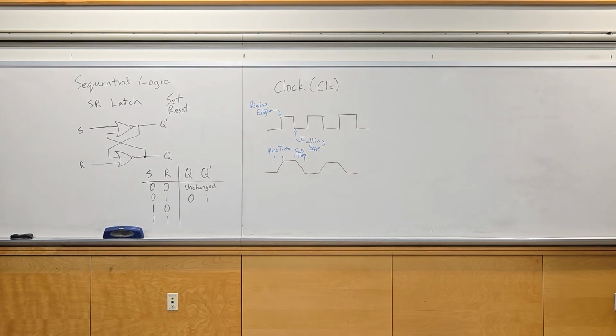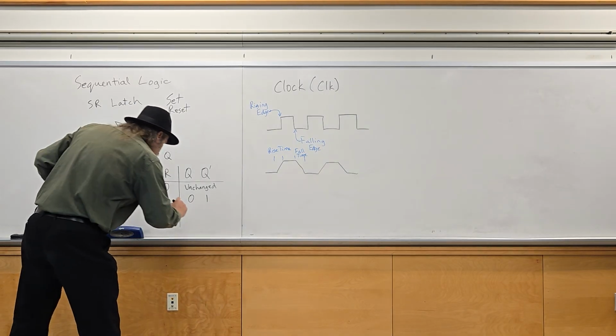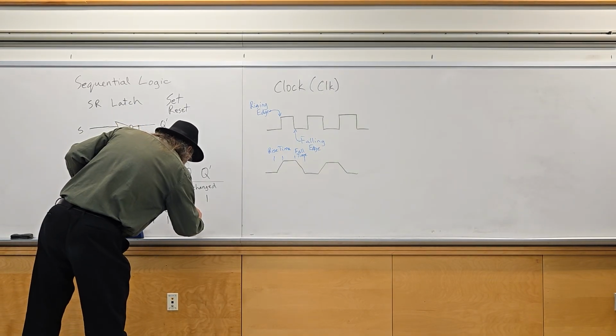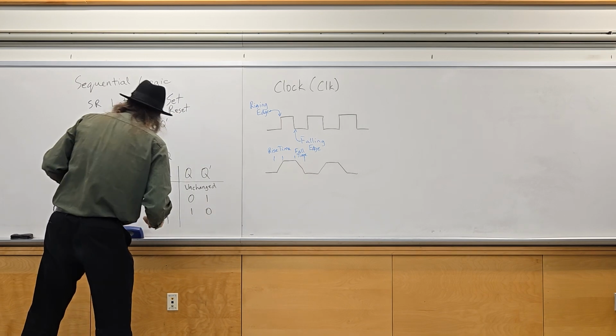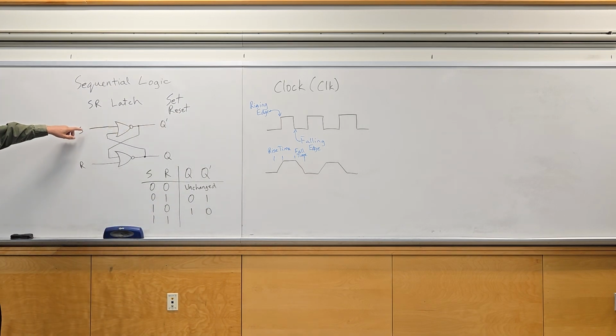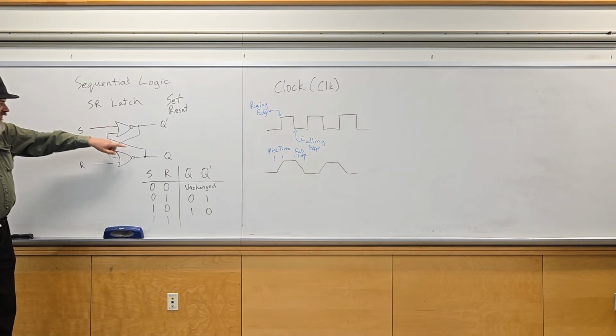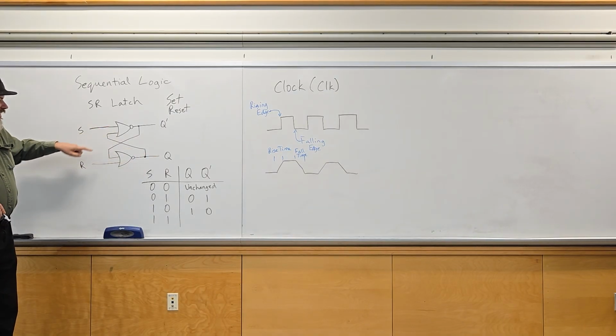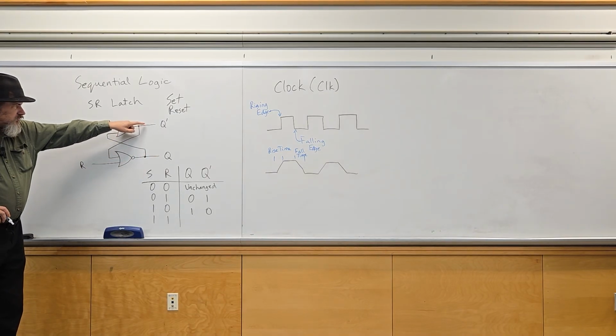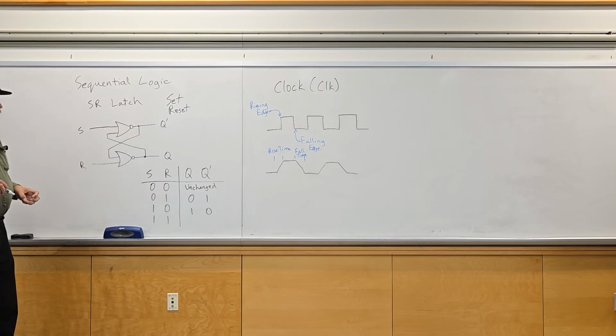Okay? And the same logic applies to the S being set and the R being 0, except for its opposite. S will set the Q, and Q prime will go to 0.